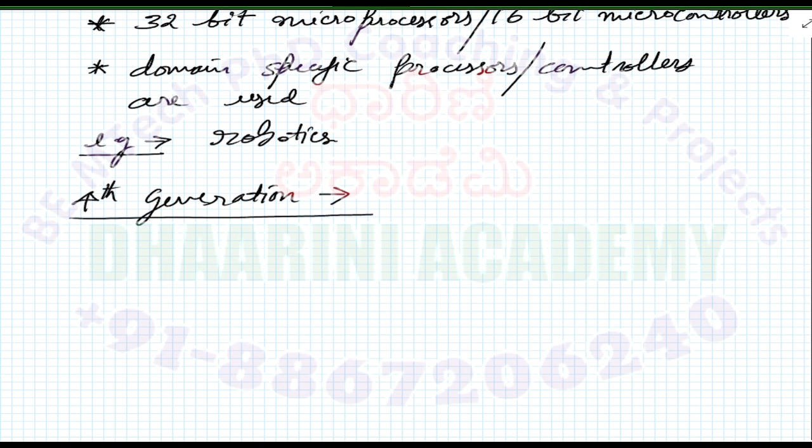Fourth generation embedded systems, which we are using in some of the formats, use 64-bit processors, or they use 32-bit controllers.